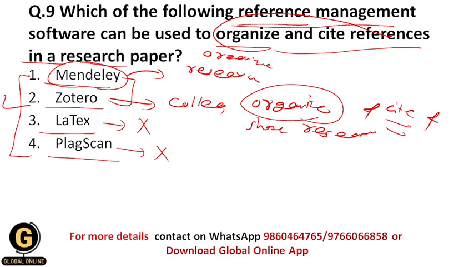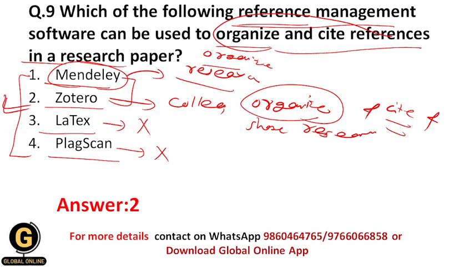But by using Mendeley you can organize research papers, and apart from that you can collaborate with others online and discover the latest research papers. But by using Zotero you can organize and cite references in a research paper. So your precise answer here should be what? Zotero.